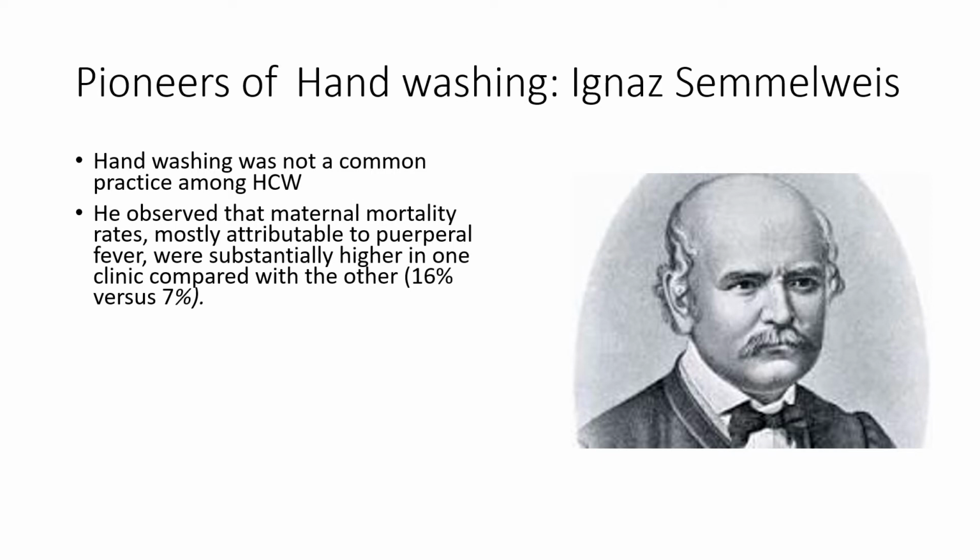He observed that puerperal sepsis, which caused maternal mortality, was most attributable to people not washing their hands. So he did a study where he looked at two hospitals, and he found that there were significant differences between the hospital where people washed their hands after working with cadavers in the morgue and then treating patients, versus the ones where people did not wash their hands after treating cadavers and then working with patients.